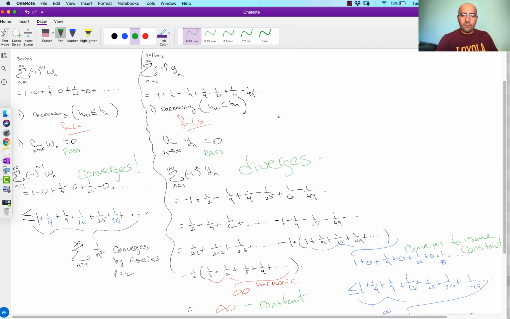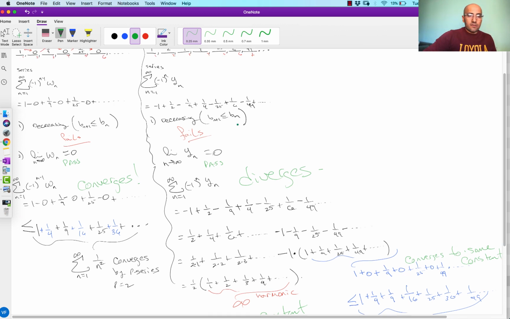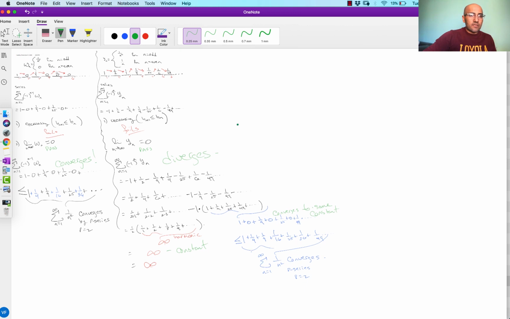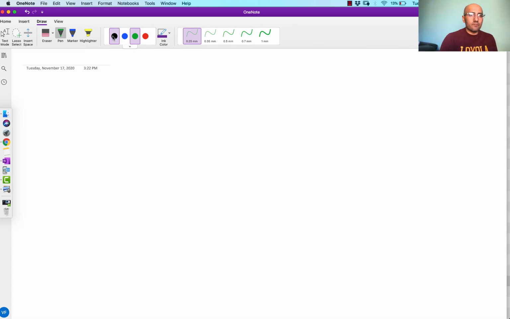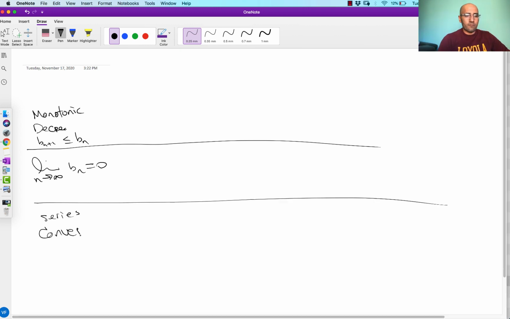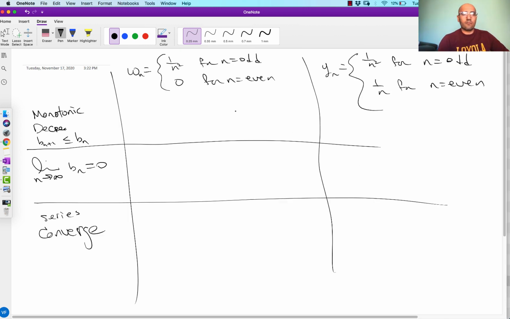Okay, so what's the point here? We have two different sequences. Here, let me put all this together in a table so we can see what my point was with all of this. Okay, so we had these two sequences, and then we determined that both of them failed to be monotonically decreasing.